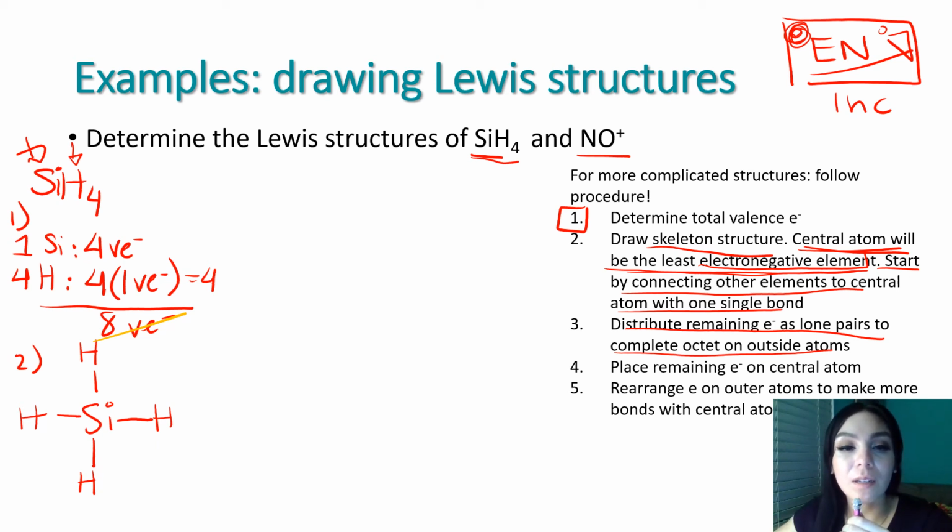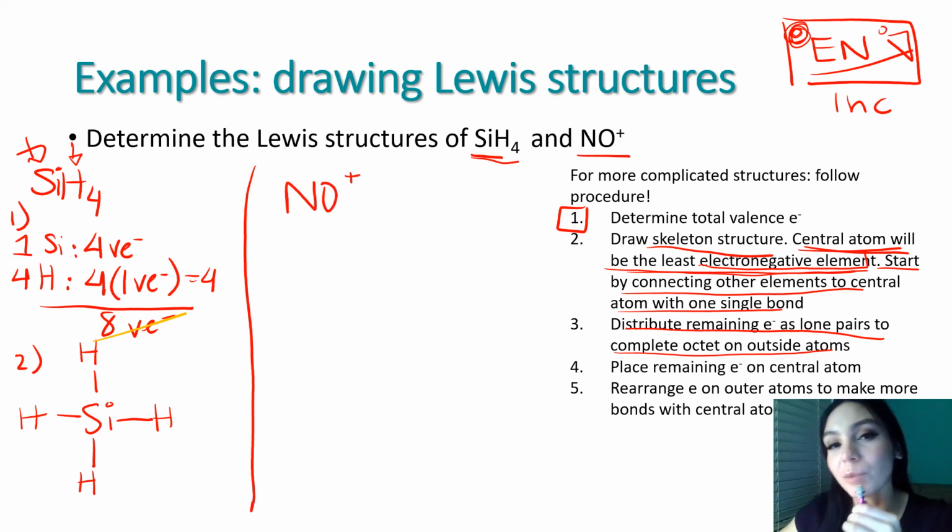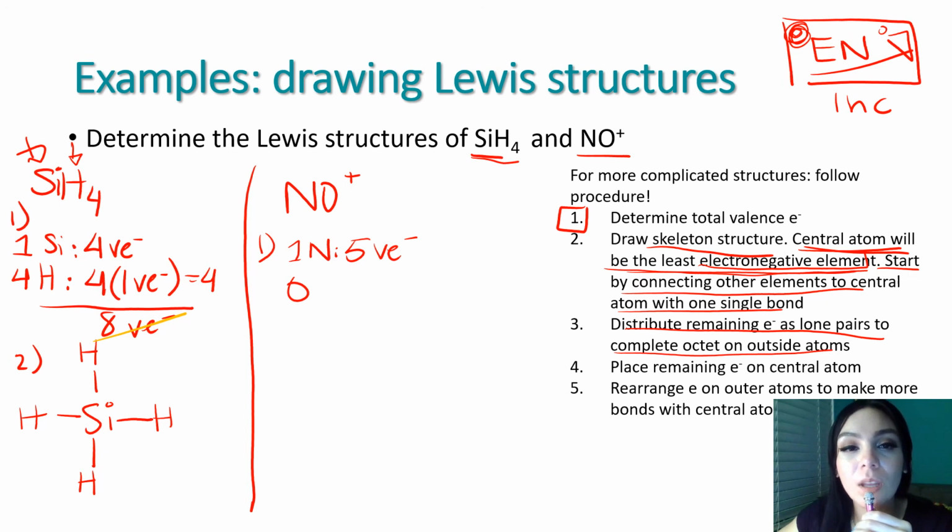So this is a good starting point, but let's practice this next one. So now we have NO+, and this is actually another simple one. So first we're going to determine our total valence electrons. We have 1 nitrogen. Nitrogen has 5 valence electrons. And then we have oxygen, 1.